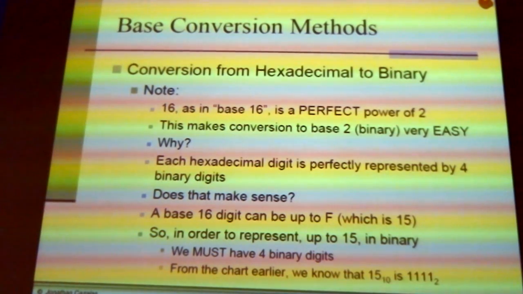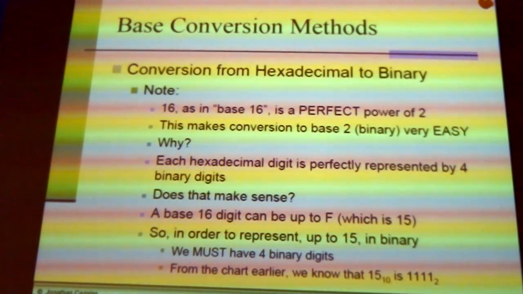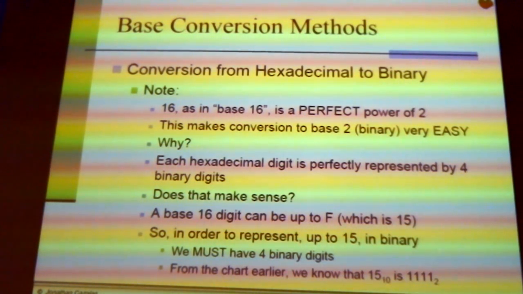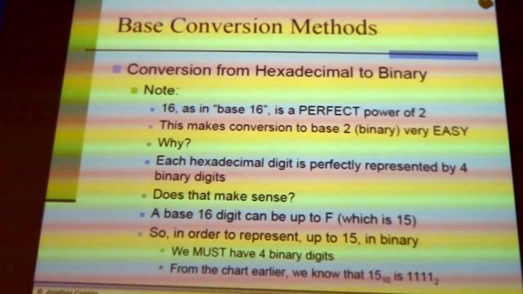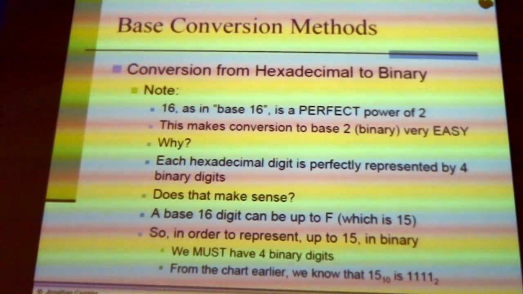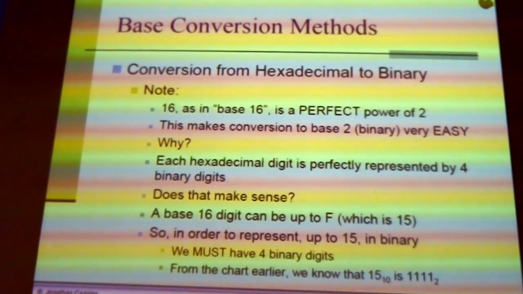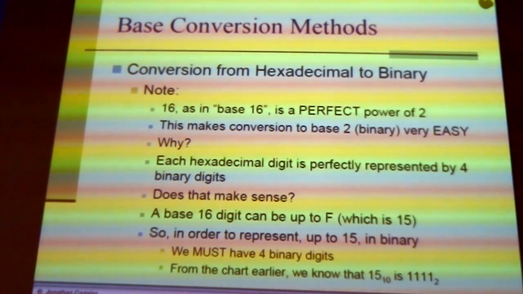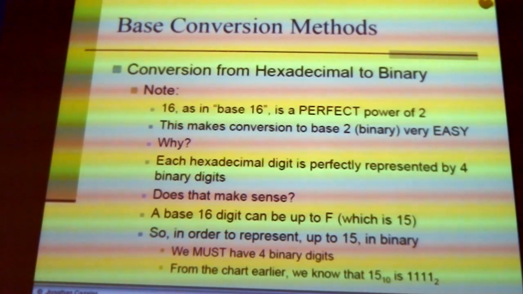Okay, to your question back there, if we wanted to convert from anything to anything and not focus on base 10, here we could do hex to base 2, the binary. We can easily convert it. 16 is a perfect power of 2, so that makes it pretty easy, and it's perfectly represented in binary.